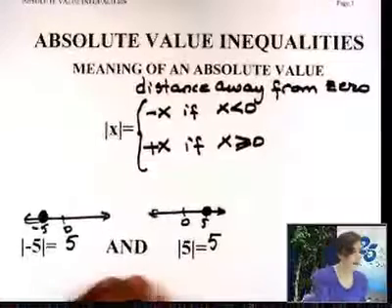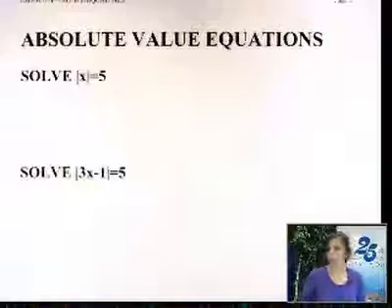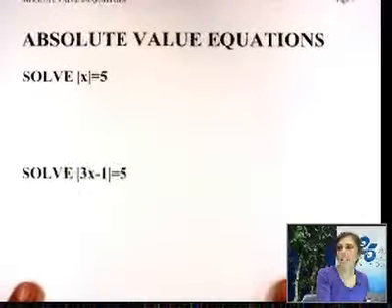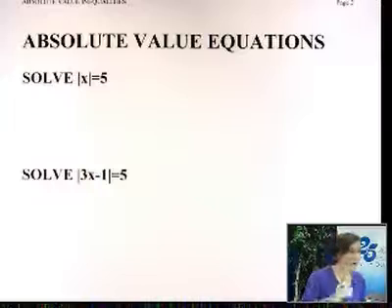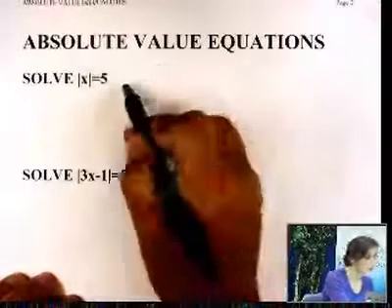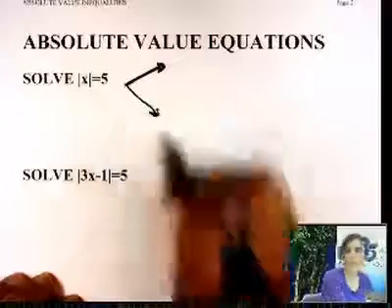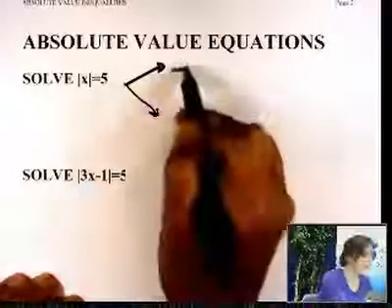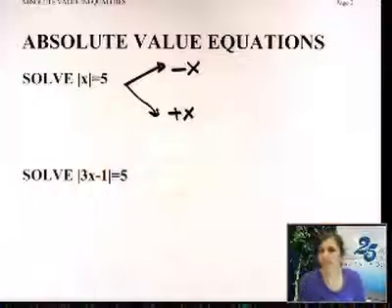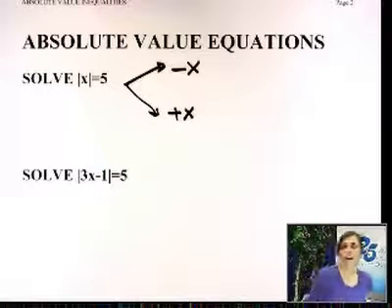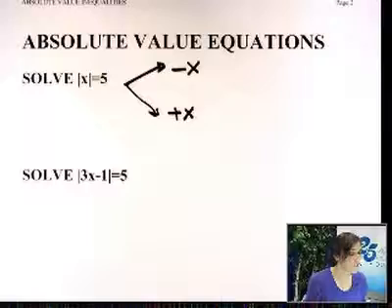All right, now that we have absolute value in order, let's look at that. Somebody is asking me to solve the absolute value of x is 5. You're going to do it this way. You're going to have two parts. I know the absolute value is either -5 or +5, -x or +x, depending upon what the x value is.